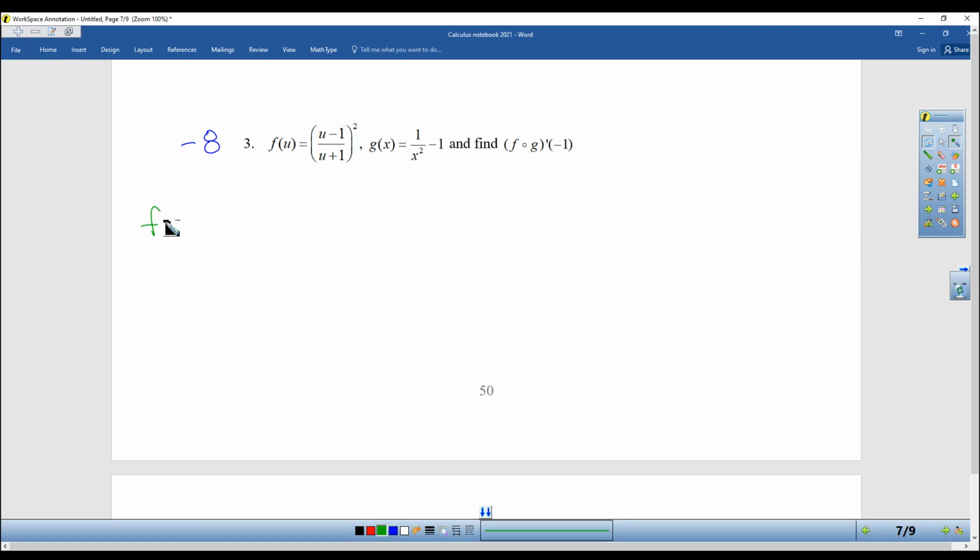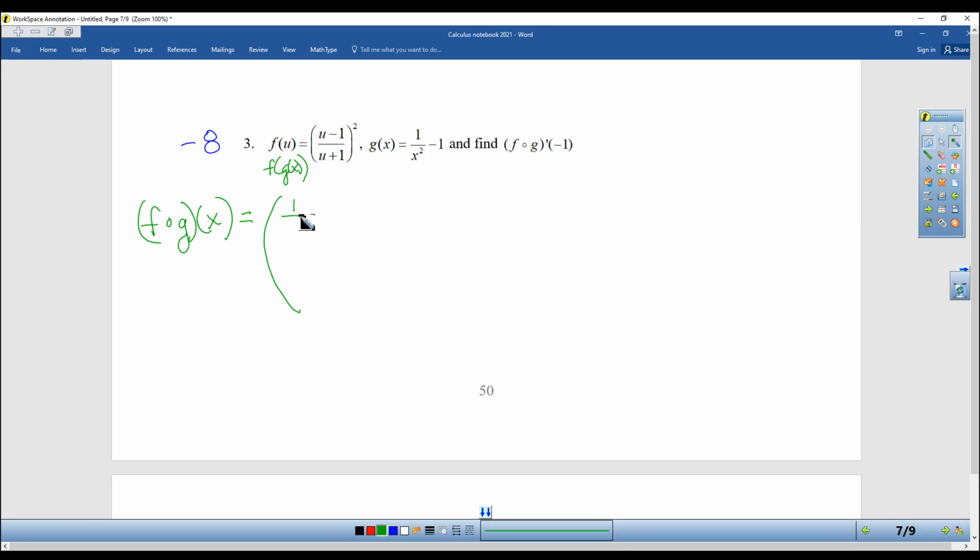Composition, f of g of x. Don't worry about derivative yet. Let's just do the composition. So this is f of u, but I want f of g of x. So I'm going to put a g of x in everywhere that I see a u.